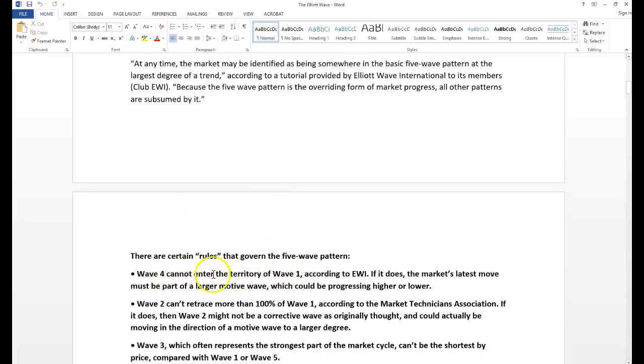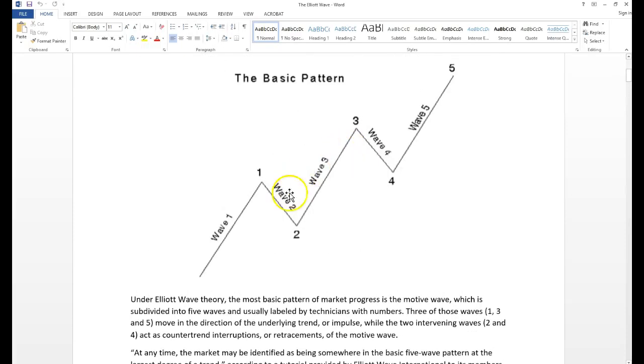The first one says wave 4 cannot enter the territory of wave 1. So what that means is, here's wave 1, right? Now on this wave over here, as you see, this low meets at the support of where this was a resistance, right? So the first rule means this wave 4 can't close below this resistance where it's at, or where support was over here.